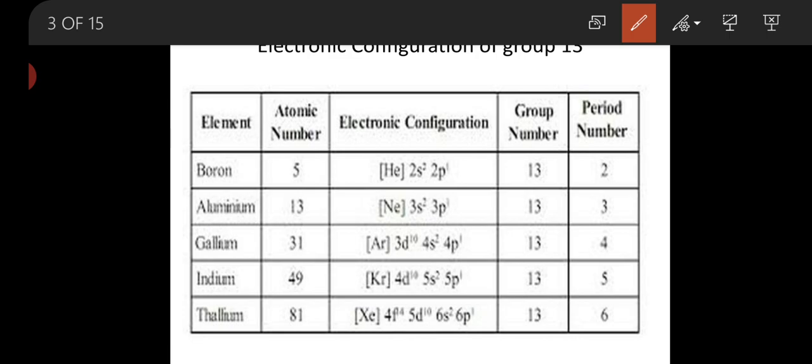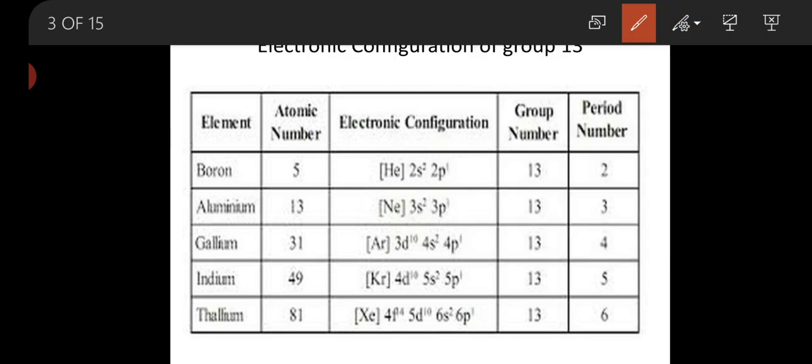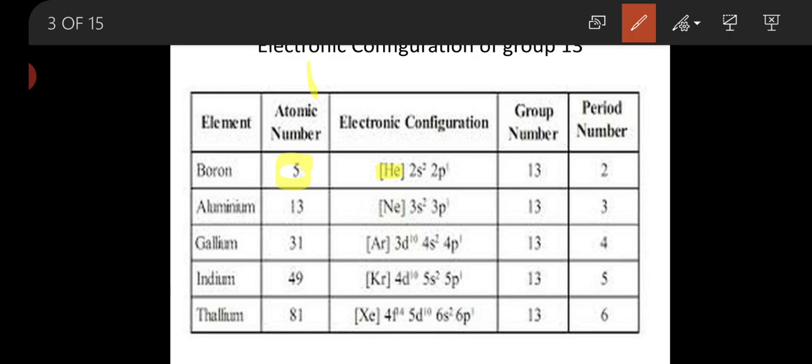Is that clear? To rewrite this configuration, we use an inert gas core. Boron has atomic number 5. The actual configuration is 1s2; out of 5, 2 electrons are gone and 3 remain. So after 1s it comes as 2s2 and 2p1.